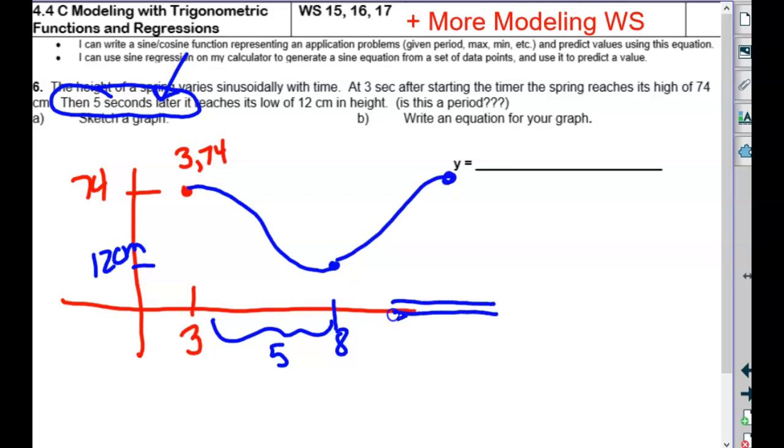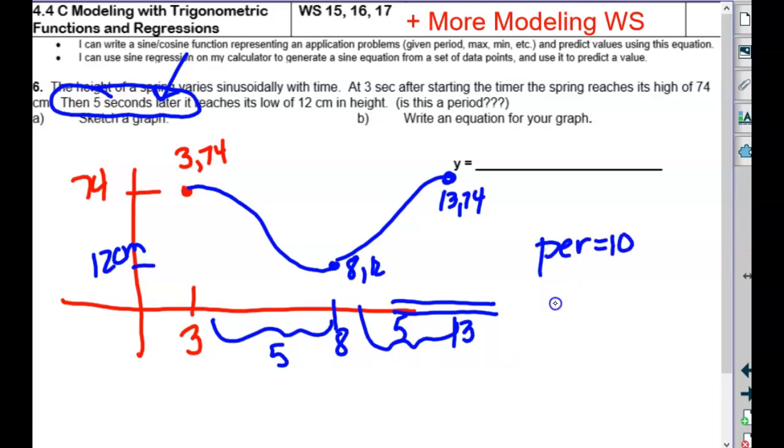It would take another 5 seconds to get back to the max, which would be at 13. Basically, as soon as you knew that 5 was only half a period, you knew the period was 10, right? What else do you know? Midline? 74 plus 12 divided by 2 is 86, is 43, I think.